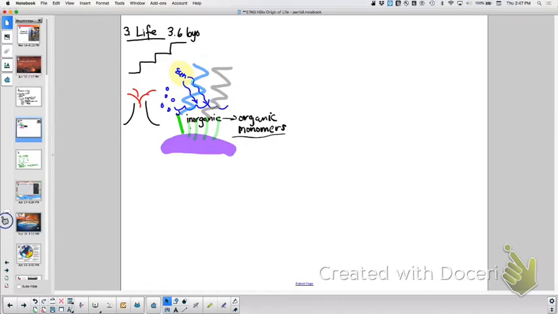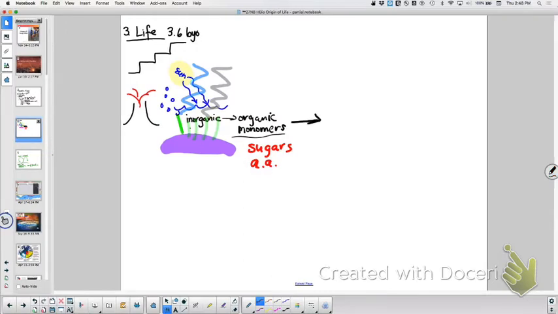All right, so those organic molecules would be things like sugars and amino acids, right? Those are the monomers. But then what needs to happen is those organic monomers need to become what? Polymers. Good.